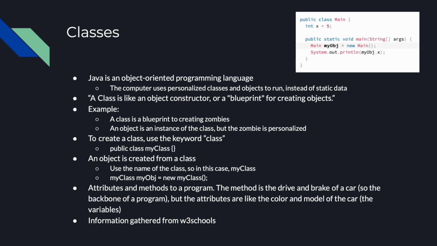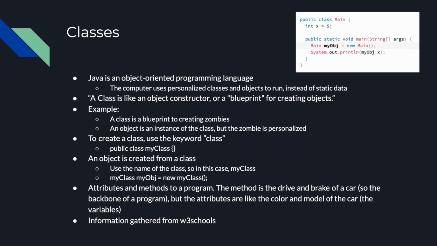An example of this could be if a class is a blueprint for creating zombies, then your object would be an instance of the class, and your zombie would be personalized. You could make it a small zombie, medium zombie, large zombie. You could make it have hair, no hair, and things like that.